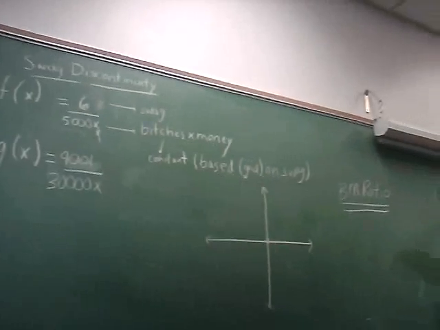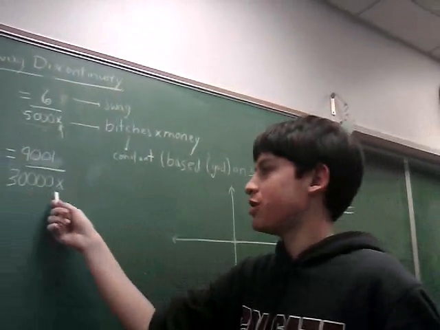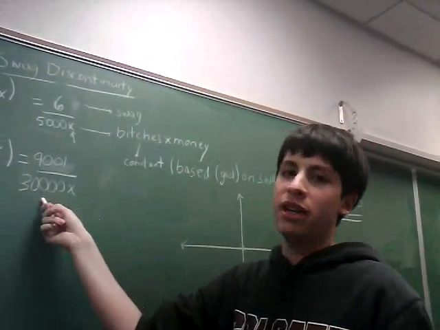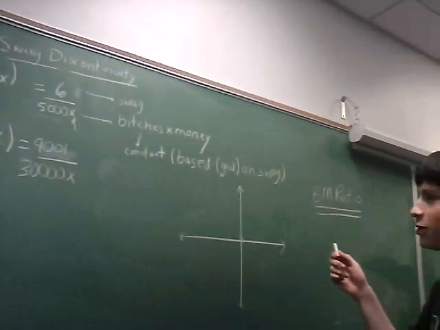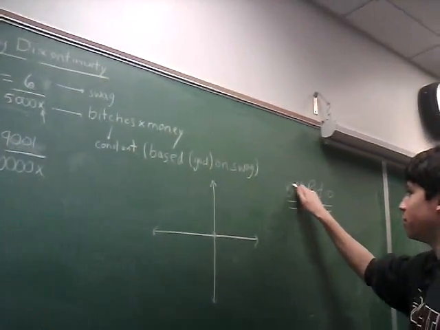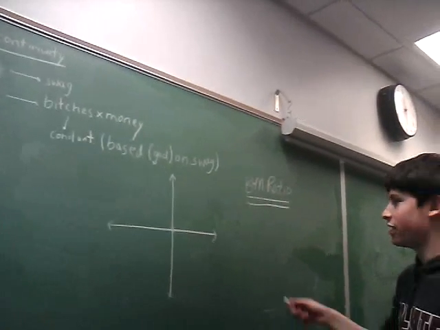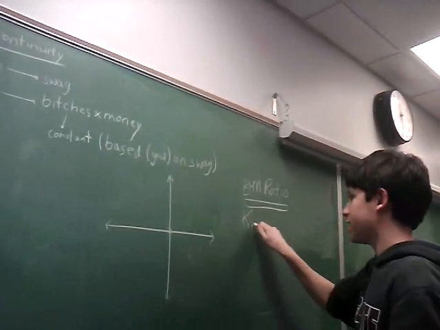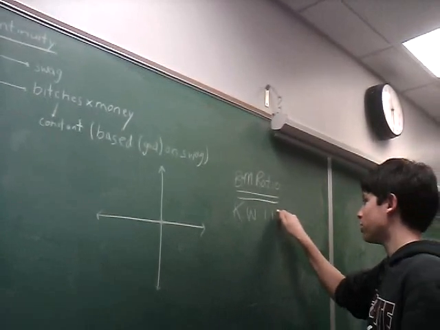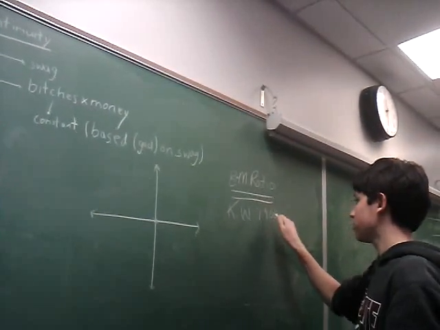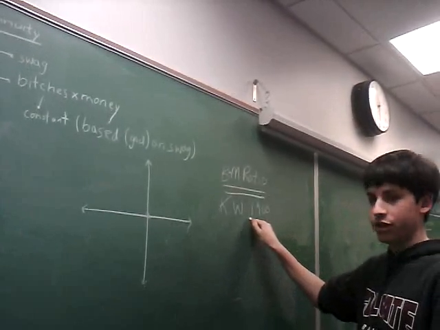Preferably, you'd have all money and one bitch to maximize it. So you'd have to transfer using the B to M ratio, bitches to money ratio. Kanye has a B to M ratio, we've already discussed, of 1 bitch to $100. This is money, this is bitches.